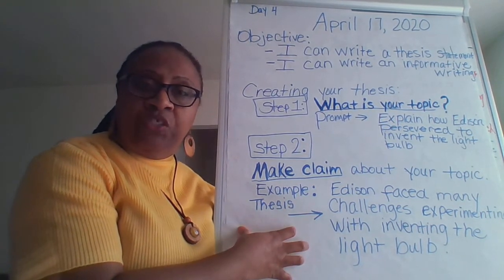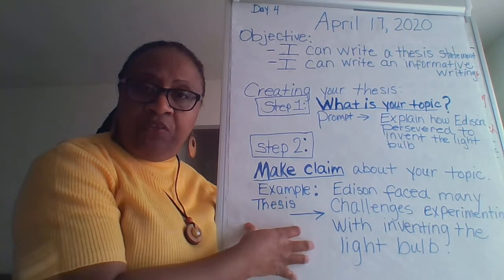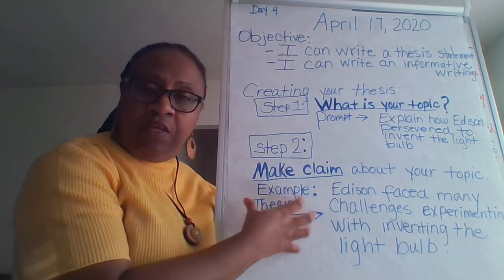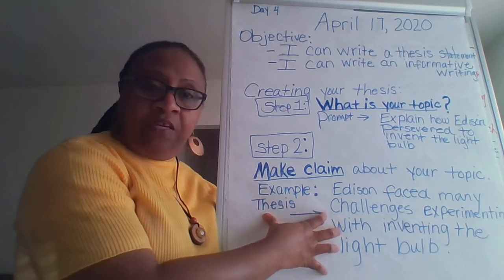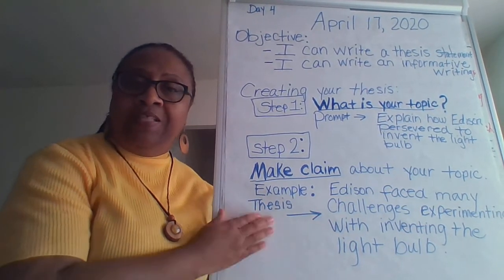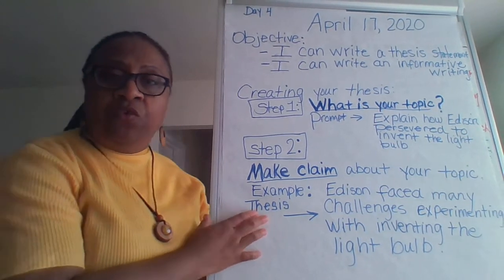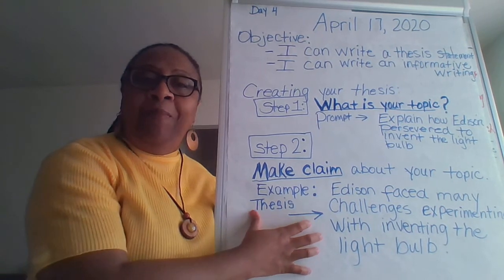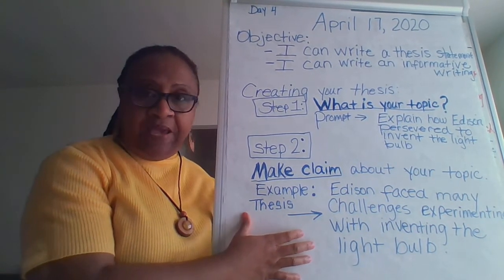But you want to start with your usual introduction, a good hook, and then give it some filler, and then include this thesis statement. Now, once you make this claim in your informative writing, this is what your main idea is going to be about.